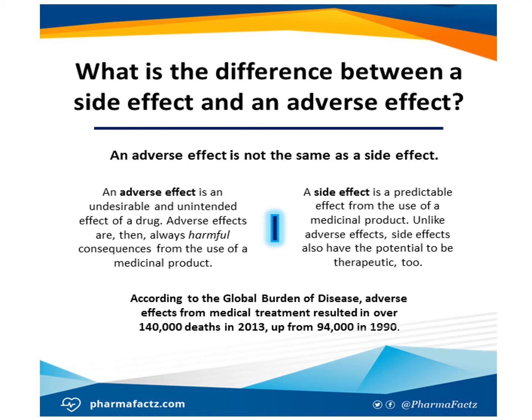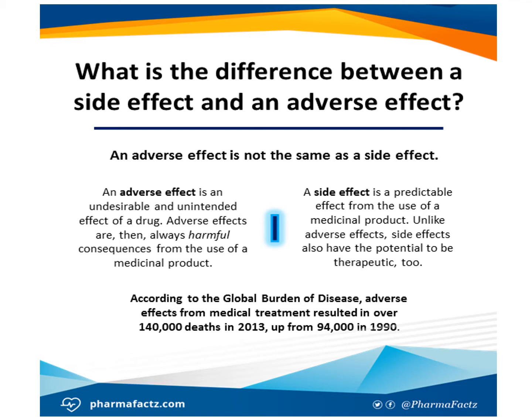A side effect is something more predictable to the medication. So let me give you an example. Someone is needing to take, say, morphine or oxycodone, one of the opioid painkillers for a broken leg, and they become constipated.